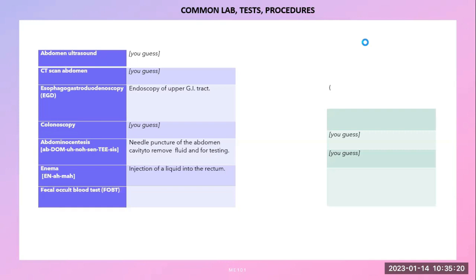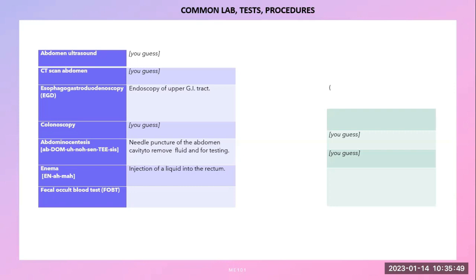FOBT, fecal occult blood test. So fecal, the word that means stool, right? As I said before, fecal incontinence means that you cannot control the stool. So fecal means stool. Occult means hidden, like something covered, right? Occult blood means that you cannot see the blood in the stool.